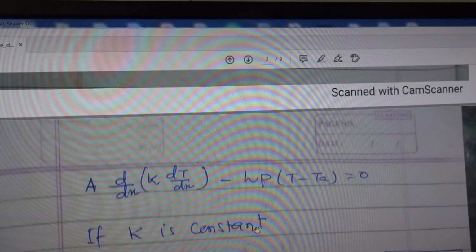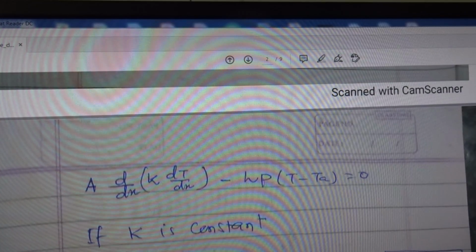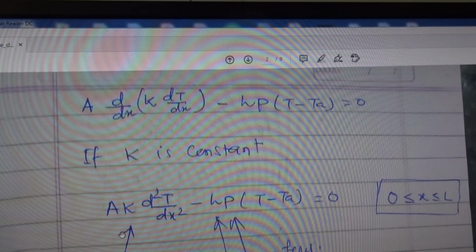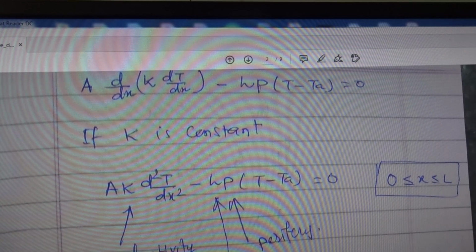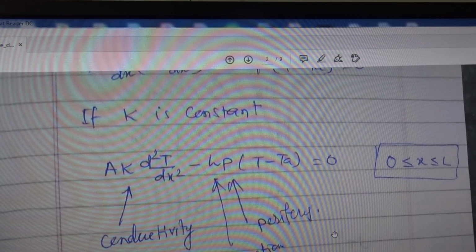If K is constant, then it comes outside of the brackets, and you can write AK d2T by dx square minus hp T minus Ta is equal to 0, where x lies between 0 to L, K is the heat conductivity coefficient, h is the convection heat transfer coefficient, and p is the periphery. So apply the Galerkin approach on these governing equations.